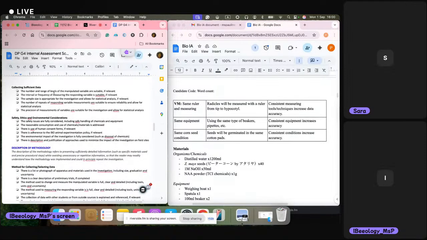The number and ranges of levels are suitable. The interval of frequency of measuring the responding variable is suitable. Okay, so this is something that you need to explain further. Because when giving an extreme, how extreme is extreme? 100%.